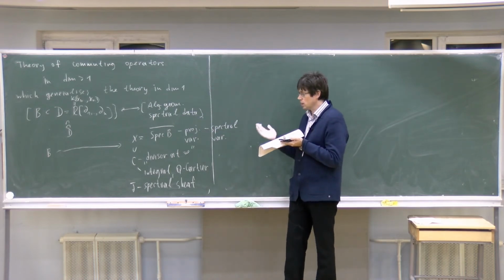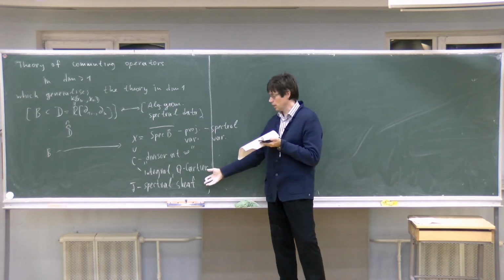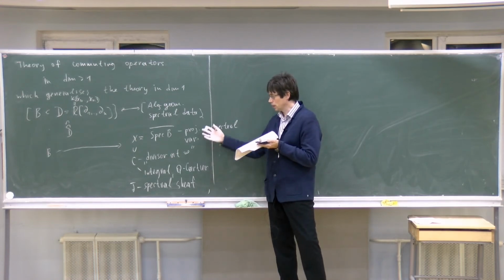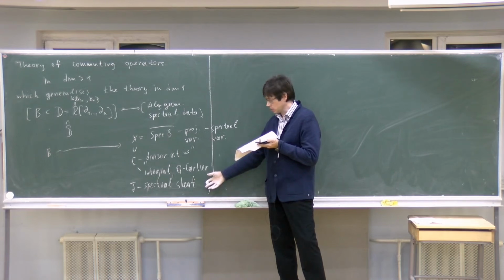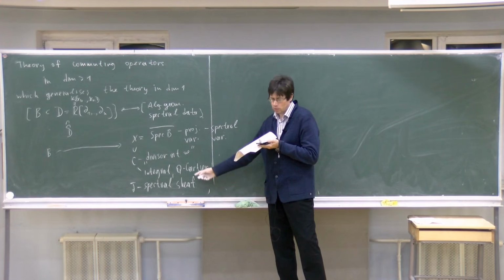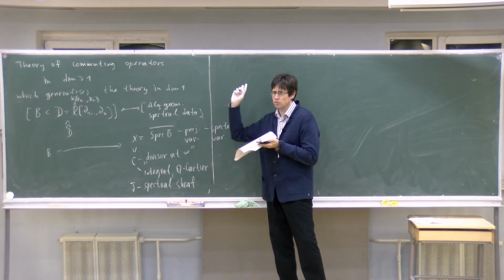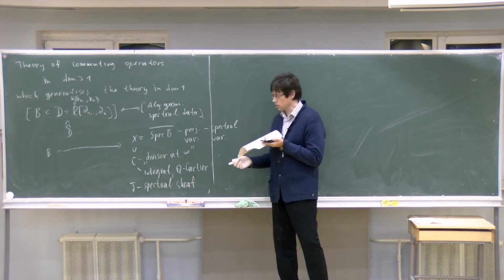In dimension 2 and higher, this is absolutely not a trivial task, because this algebraic geometric spectral data is very difficult, namely because the sheaf is never a vector bundle. Or more precisely, it can be a vector bundle, but only in a trivial case, like the ring of commuting operators with constant coefficients, for example.